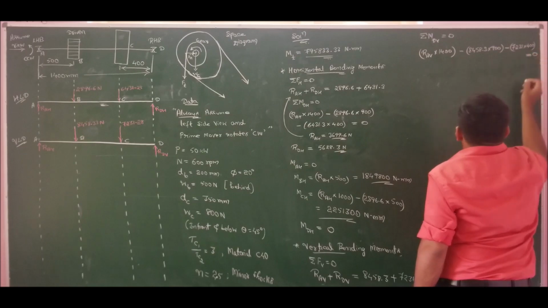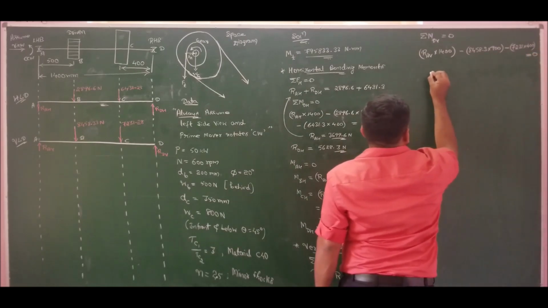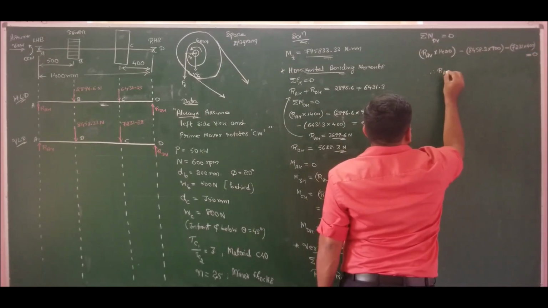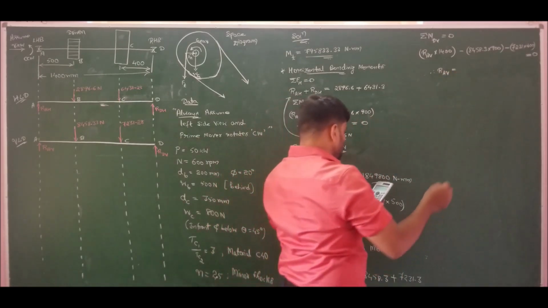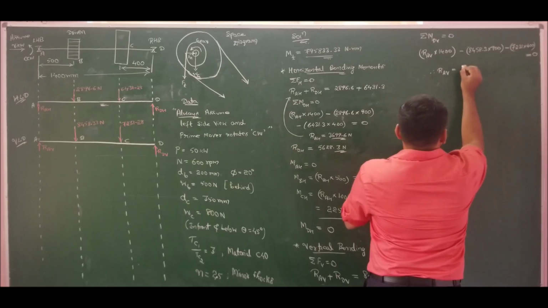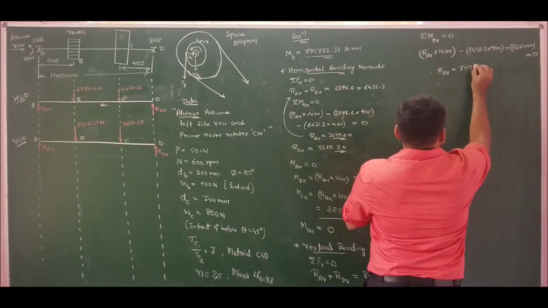This must be equal to 0. So therefore, RA vertical will be 7503.6.